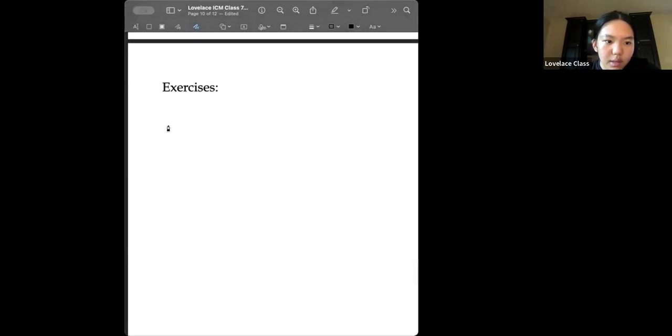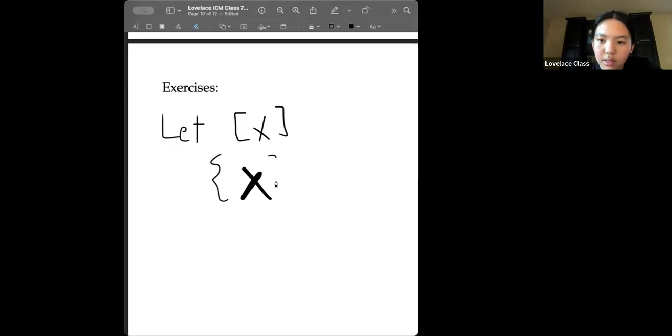All right, so the first question is: let the bracket of x denote the greatest integer function, and let the wavy bracket of x equal what it usually equals, x minus bracket x. So this is the greatest integer, the floor.